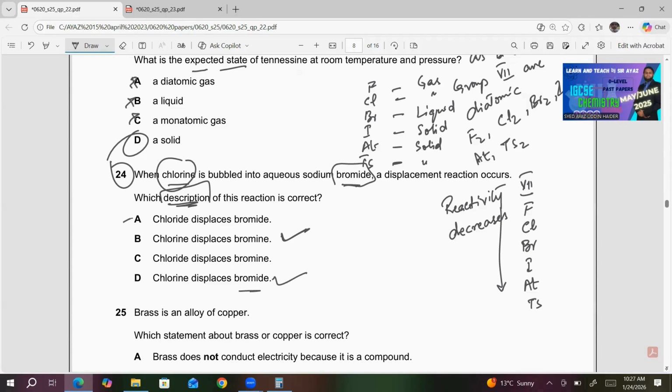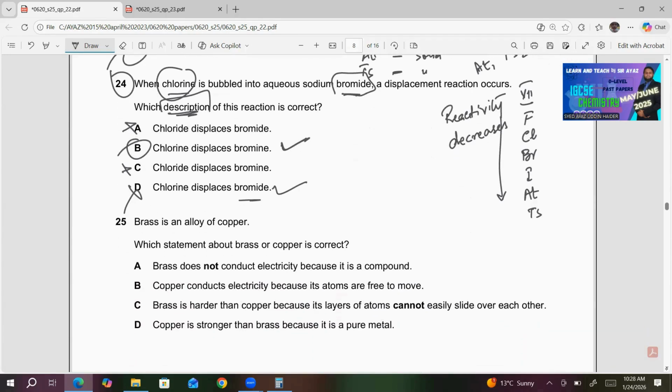Chloride displaces bromide: this is incorrect because we don't have chloride. Chloride displaces bromine: this is also incorrect. We are not having chloride here. We are having chlorine. Chlorine is displacing bromine from sodium bromide. Remember, it's displacing bromine from sodium bromide, not displacing bromide. So D must be the right response in this case. The other option, although it might confuse students, is incorrect.